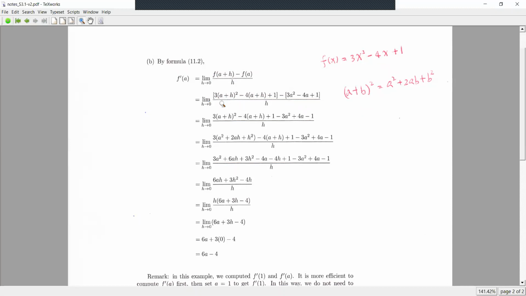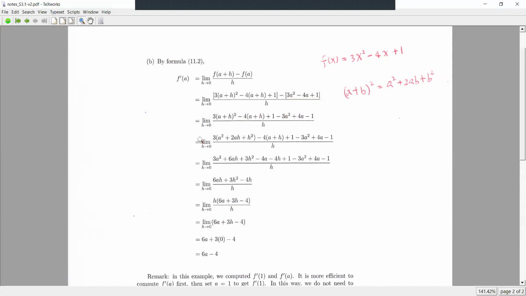Now, to find this limit, we need to simplify the fraction. I first distribute this negative sign to the three terms to get this equation. Then I expand a plus h squared by this formula.